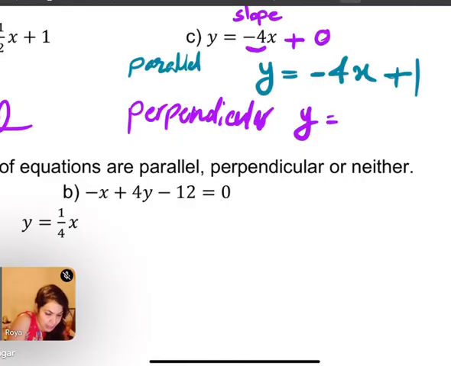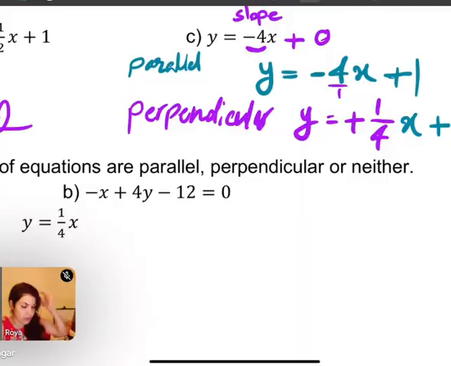Negative of negative 4 is positive 4. It's going to be positive, and flip 4. 4 means 4 over 1. If you flip it, it's going to be 1 over 4 x, and the y-intercept can be any number. 1, 2, 3, 4, 5. You can put 1 again. Doesn't matter.